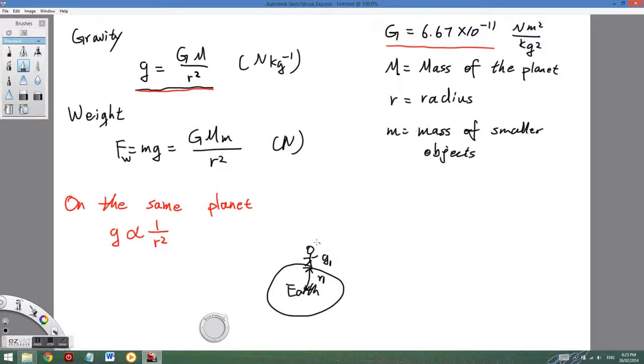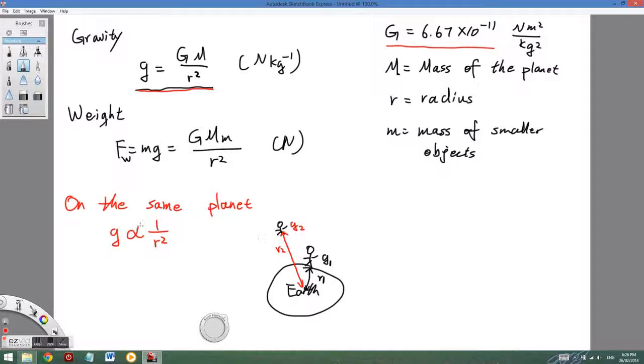Now, say there's another person flying somewhere. If I label his gravity at this position G2, the radius will be R2.